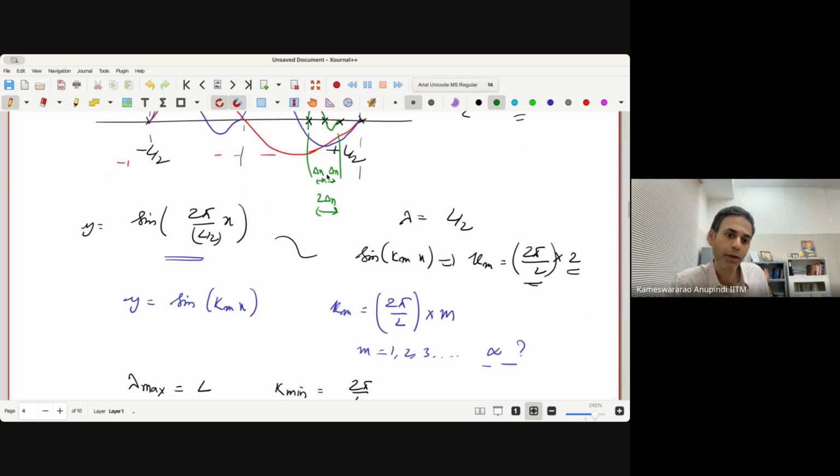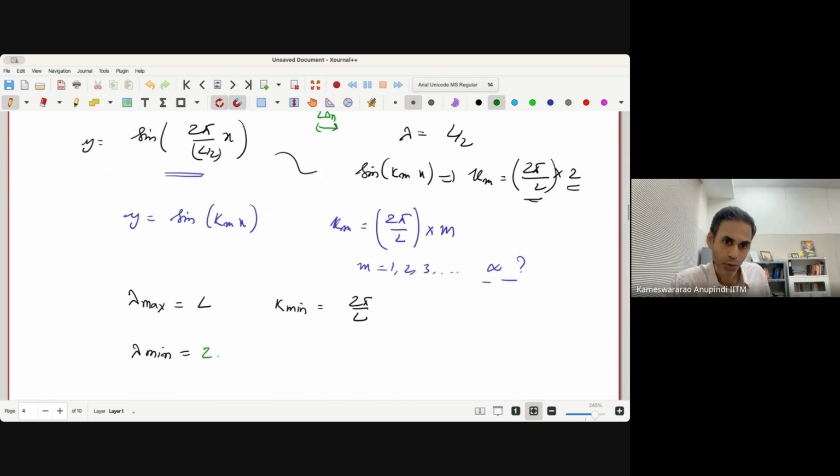So the minimum wavelength I can have is 2 delta x, which basically gives me the maximum wave number as 2 pi by lambda min, which equals 2 pi by 2 delta x, where delta x is L over N, right?